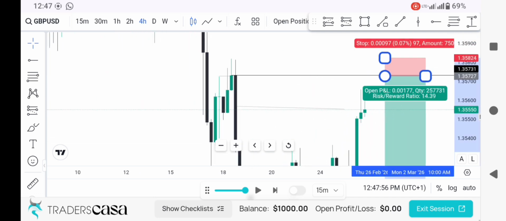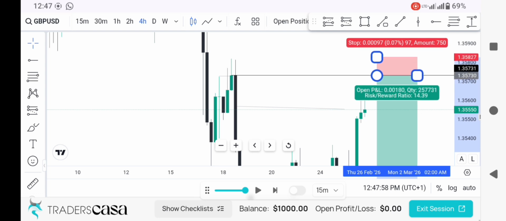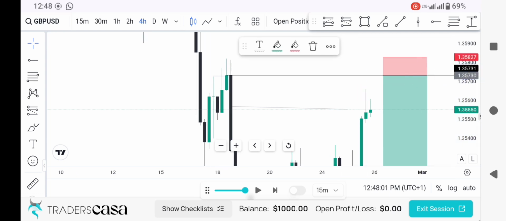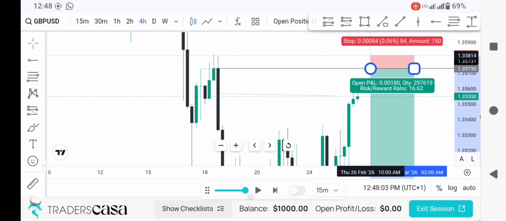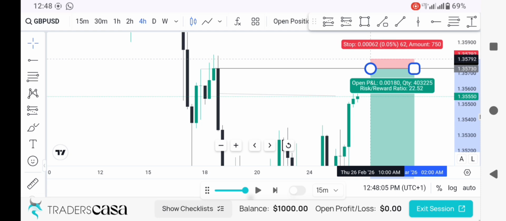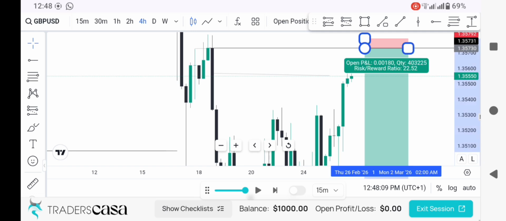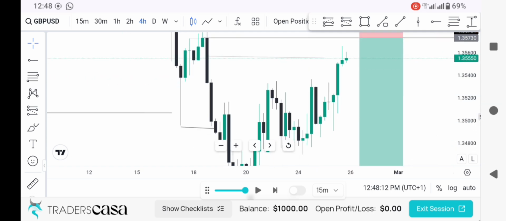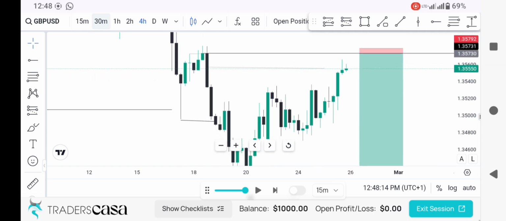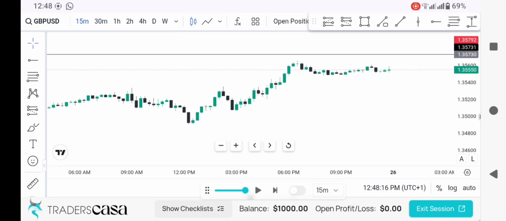Maybe let's try a 5 or 6 pip stop loss because I can see the trading range is clear and everything is set up. Okay, let's just use 6 pips as a stop loss. That can be great. So let's drop to our 15 minute time frame.